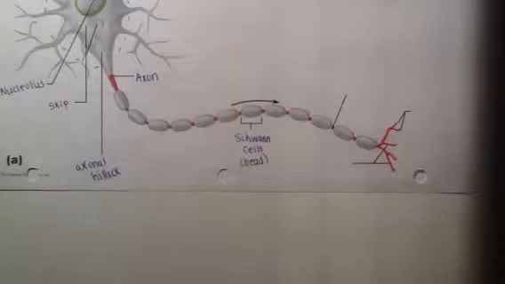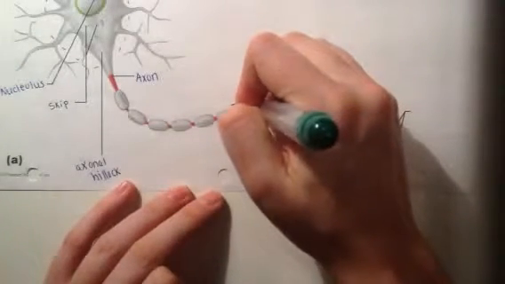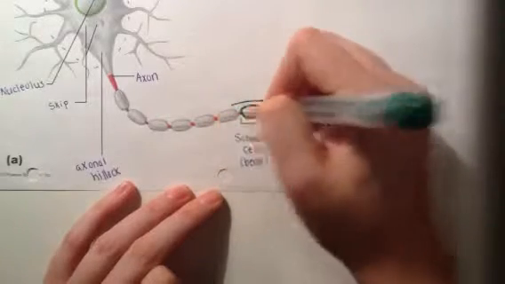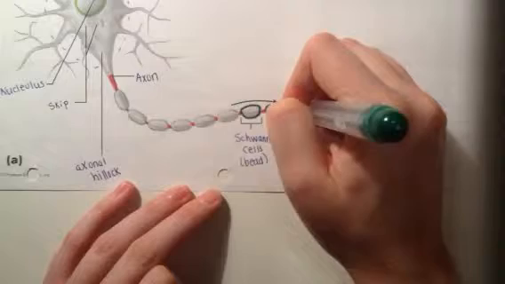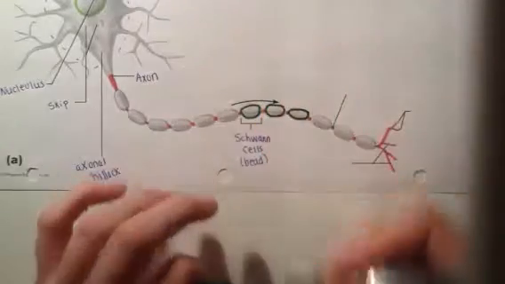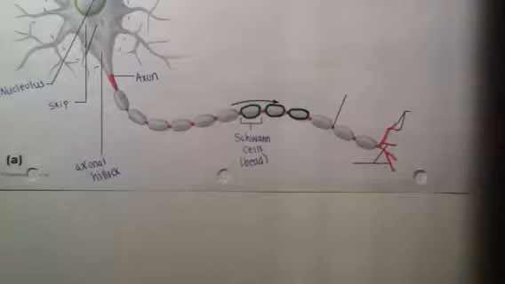I guess I could color it, couldn't I? So one bead is a Schwann cell. And those Schwann cells, go back to the first page of notes that we did, are going to make myelin sheath. And the myelin sheath is just a fatty protective covering around that axon.